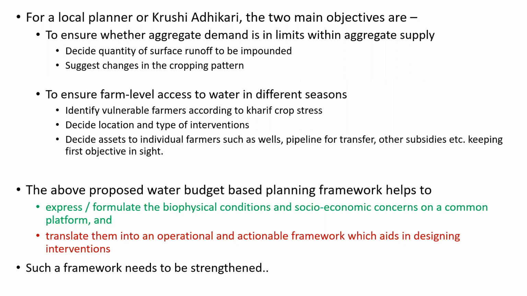We have to keep working at both levels, and this is only possible through a demand-supply allocation framework, which this planning framework is based on. Such a framework needs to be strengthened, and the state planning processes and the state staff working on the ground need to be strengthened with such frameworks and tools. That's it. Thanks.